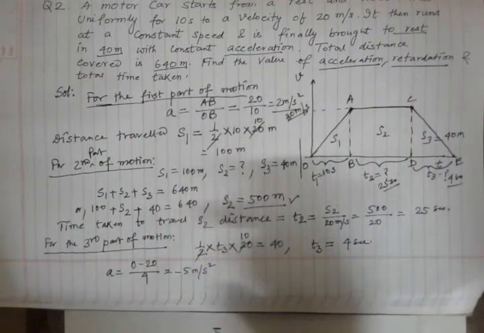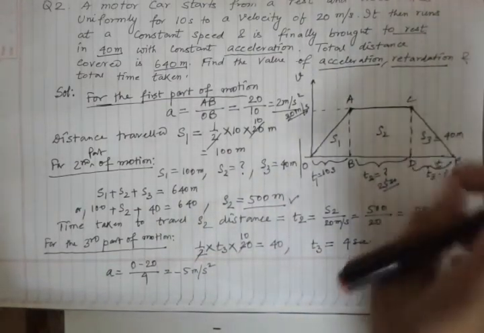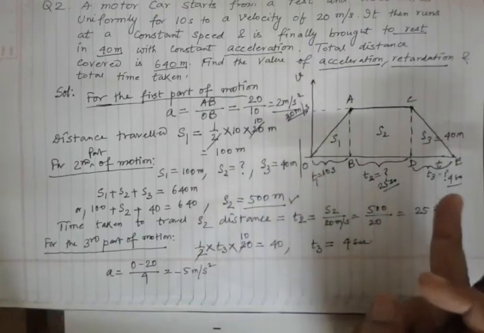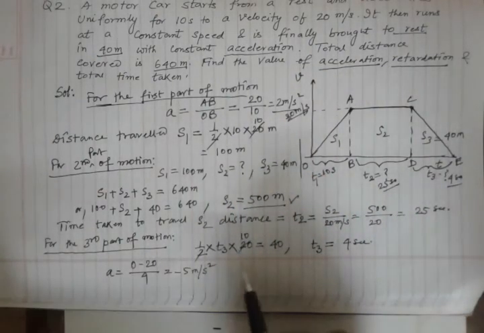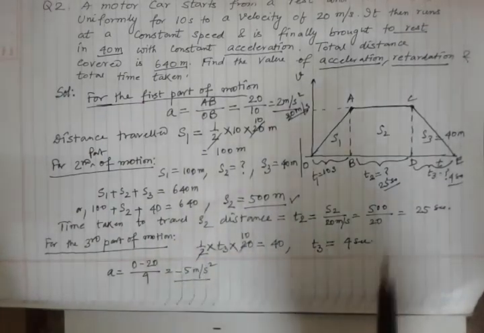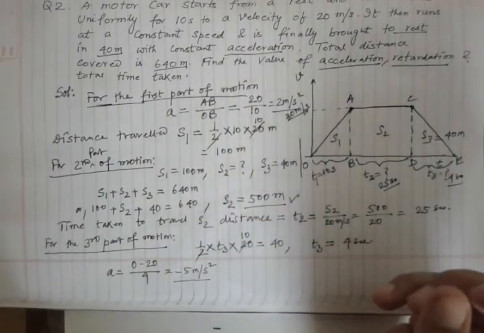Or you can also find out the slope, perpendicular by base. You'll get the slope, 20 by 4, which is also minus 5. So that is the retardation we found. Acceleration already we found.